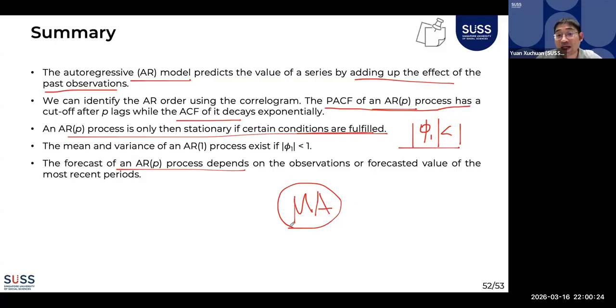So we always look for an MA model which is invertible. Invertible means the MA model can be transformed into an infinite AR process.